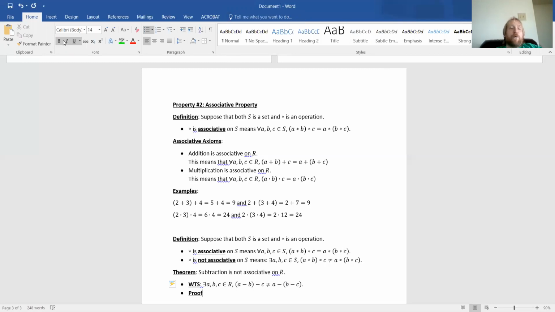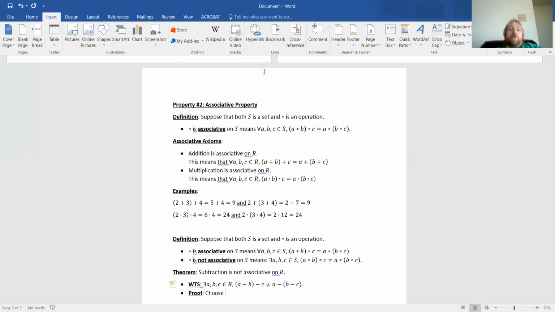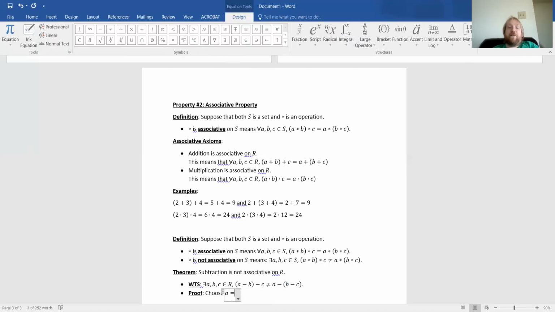Now, because we are asked to prove that things exist, we get to choose them. So let's choose A equals 1. Pick the first three things that come to mind and see that they work.